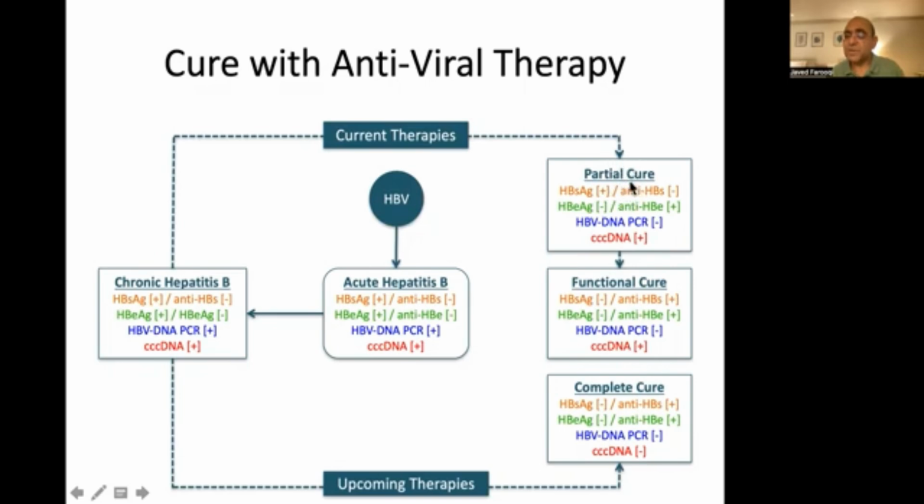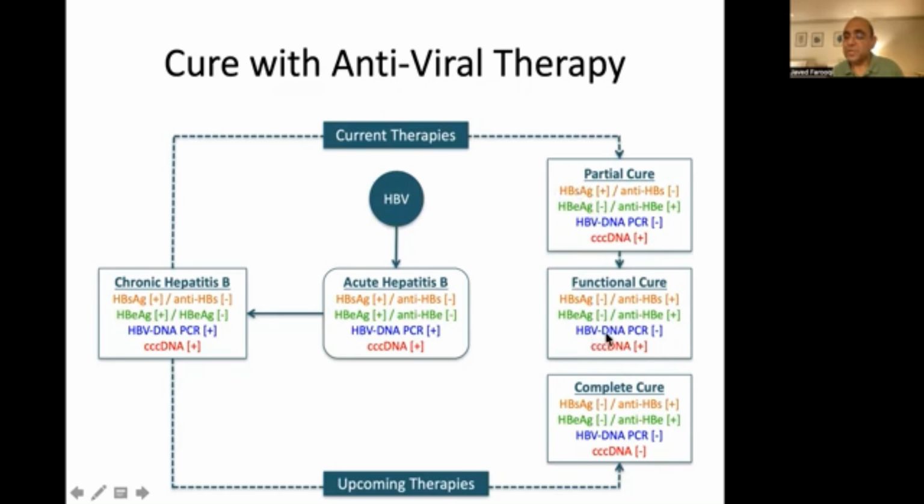In most of the patients, when we say our therapy has been able to control the infection, or it is successful, we mean that we have achieved the partial cure. There's another term, an advance of this, the functional cure. Functional cure is the partial cure, and on top of it you remove the HBs antigen.